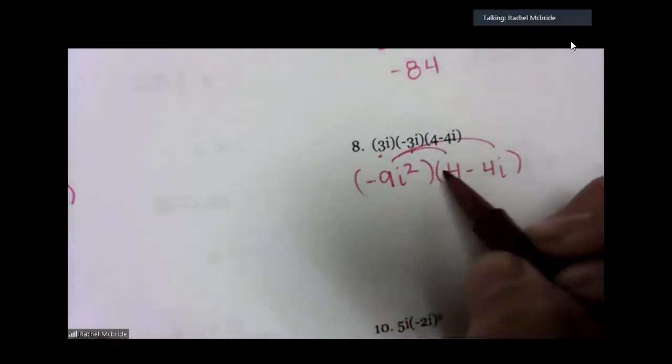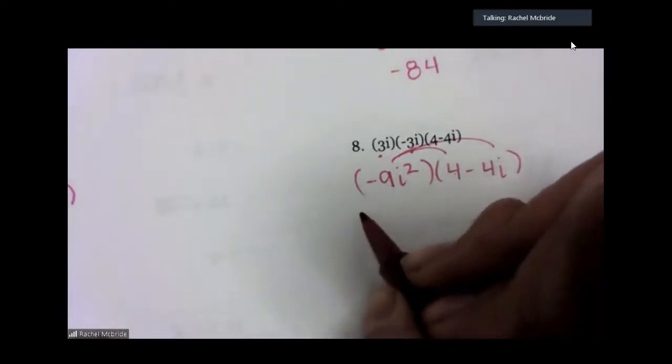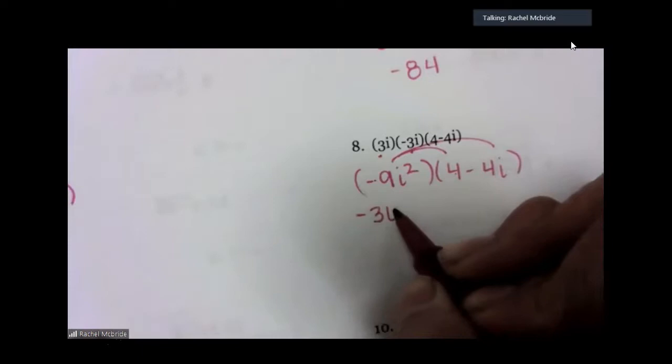3 times 3 is? Good. Negative 9i squared. 4 minus 4i. So now you have to distribute. Negative 9 times positive 4 is negative 36i squared.